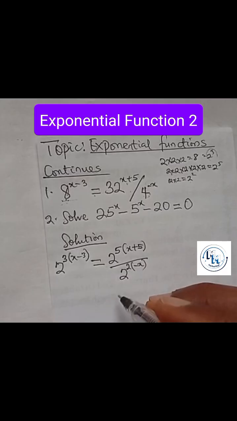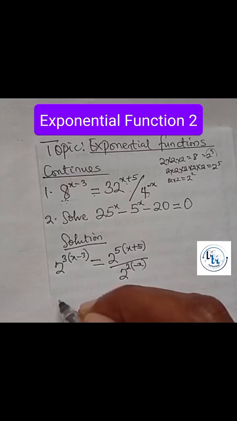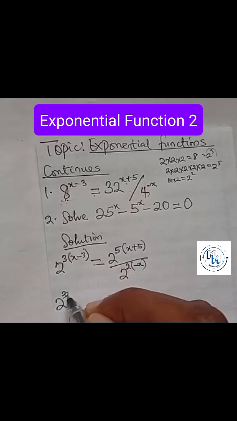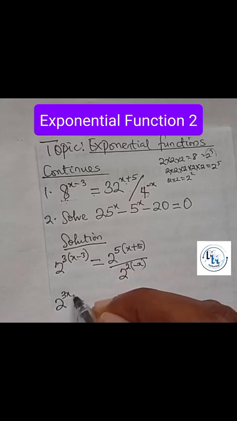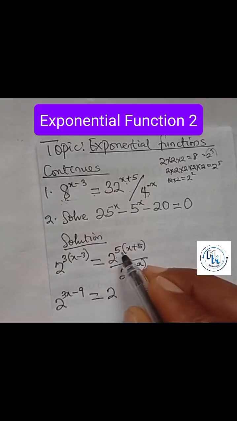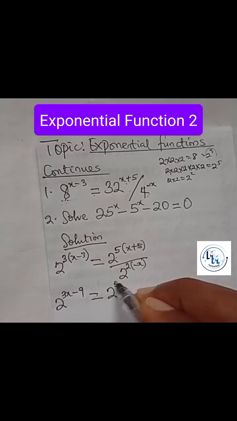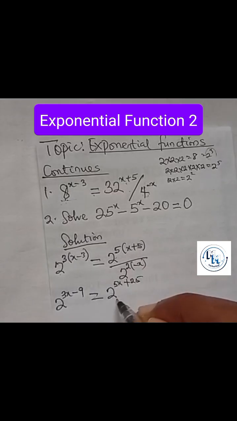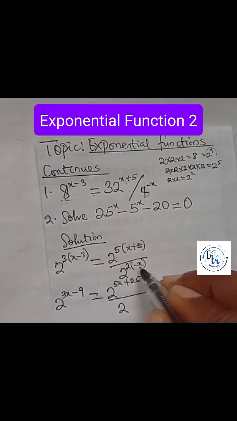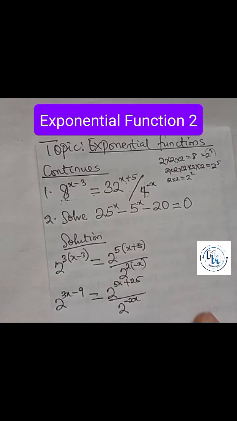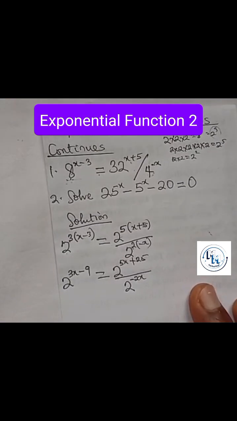Now let's clear the brackets. 3 times x is 3x. 3 times minus 3 is minus 9. Is equal to 5 times x is 5x plus 5 times 5 is 25. Then 2 times minus x is minus 2x.